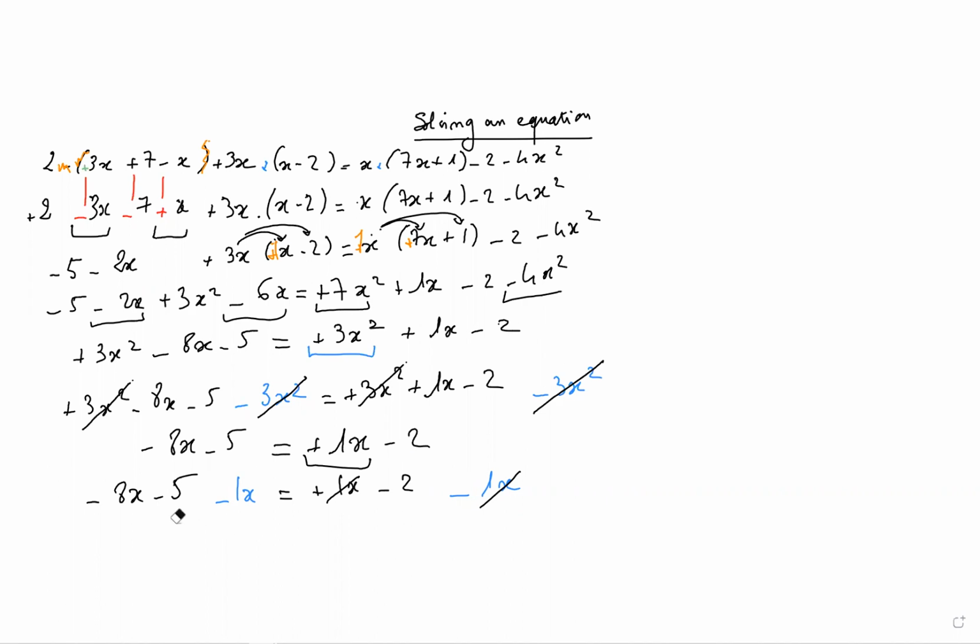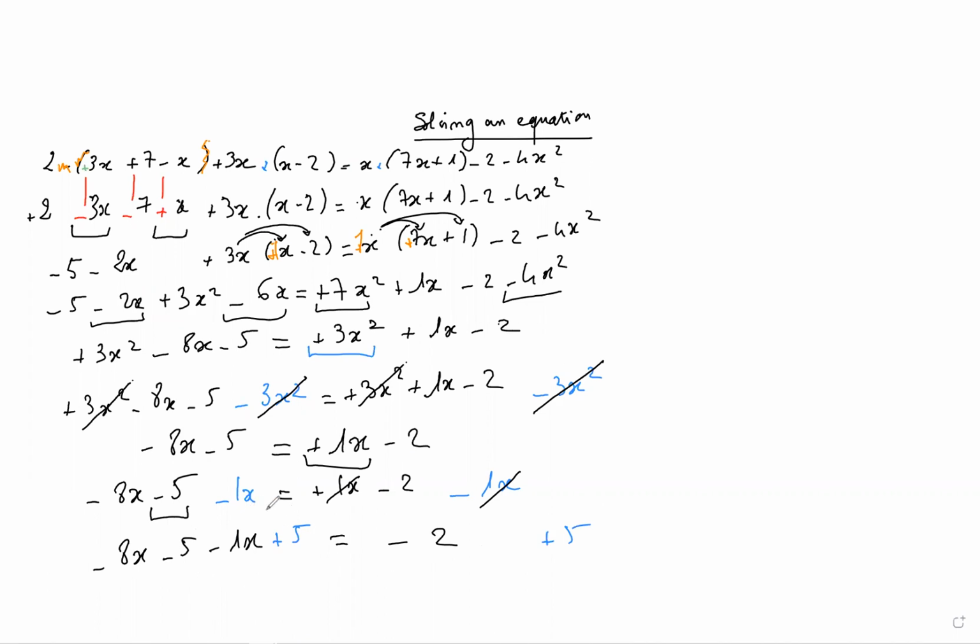Now, minus 5 shouldn't be on the left side. So I'm going to get rid of it by adding 5 to both sides. I don't copy the ones that I simplified. What did I say?